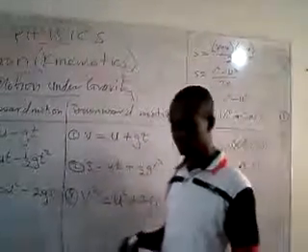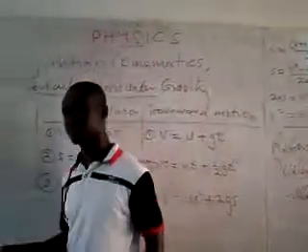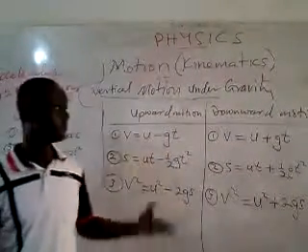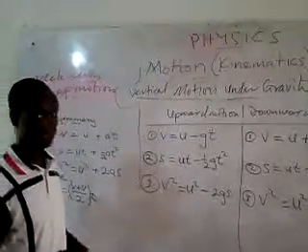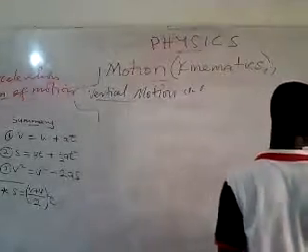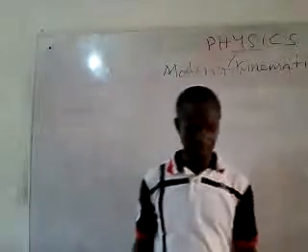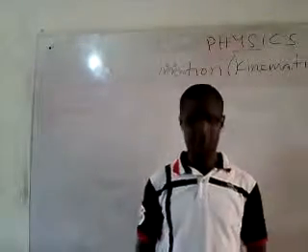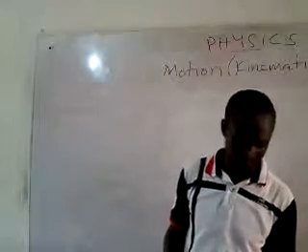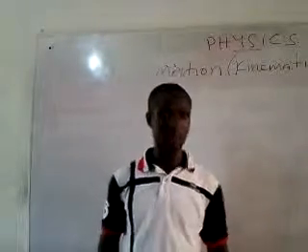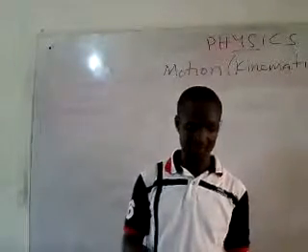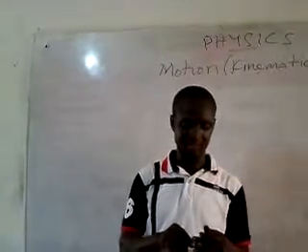I want us to end here, and in our next meeting we shall use these equations to solve questions. So before I end this video, let's solve one question so that you go and look at the other questions in the notes I've attached online.